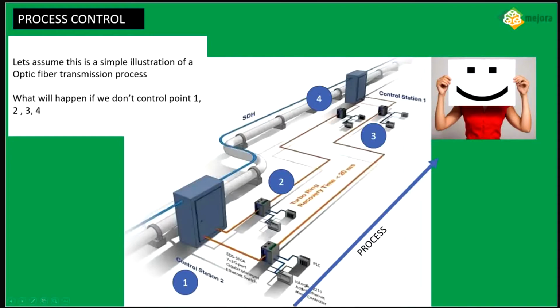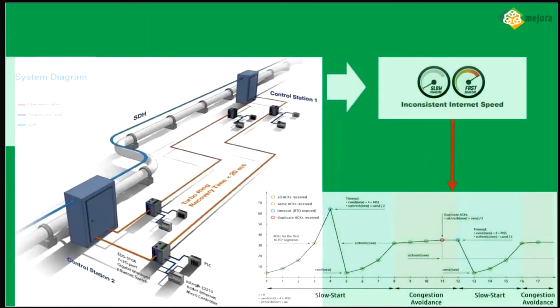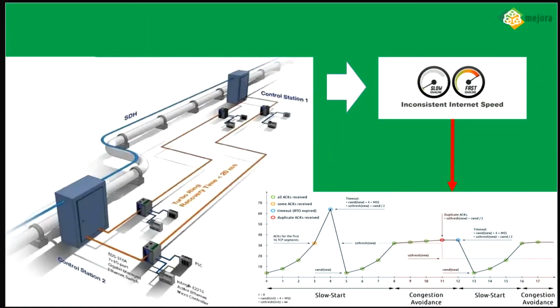Any inconsistency here will impact the customer, right? So first is the process, there is a supplier, and then we have the customer. If we don't control all these points 1, 2, 3, 4, the customer will not have a smooth, consistent experience, right?